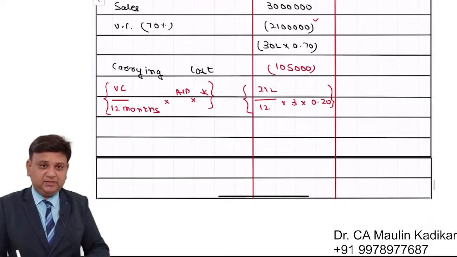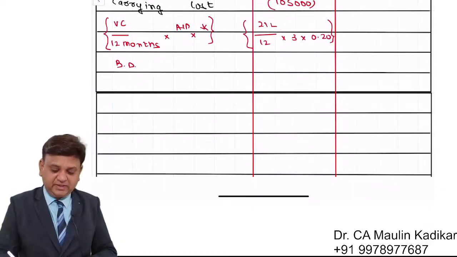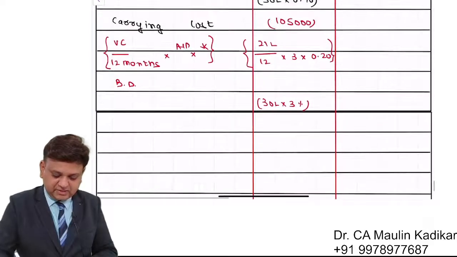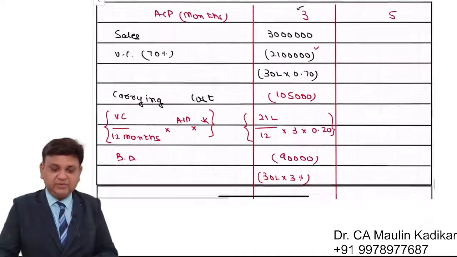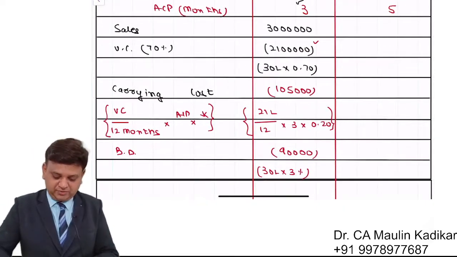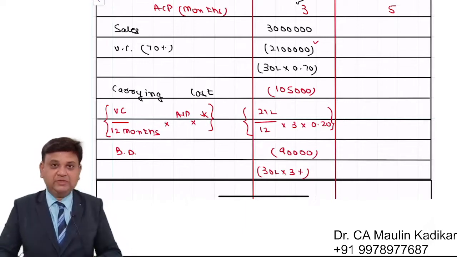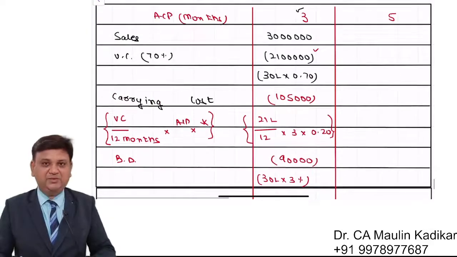Next is the bad debts. Loss on account of bad debts is 3% of the revenue. 3% of 30 lakhs comes to 90,000. Deducting all these expenses from the revenue will give the profit or loss. So it is 30 lakhs minus 21 lakhs minus 1,05,000 minus 90,000. That comes to 7,05,000. This is the way we compute the profit or loss.